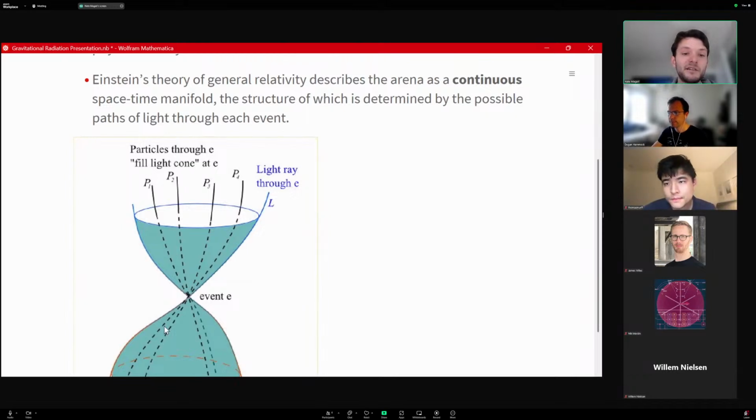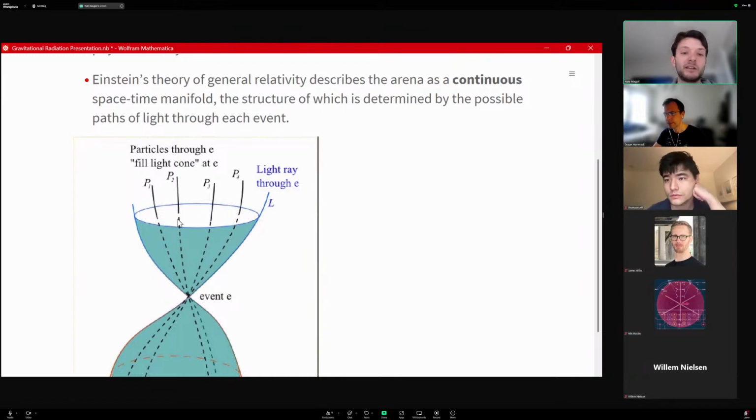And we can see these other paths represented by P1, P2, P3, P4. This is showing that any particle that passes through this event is constrained to be within the light cone, because any particle with mass, as one of the properties of this space, cannot travel faster than the speed of light.